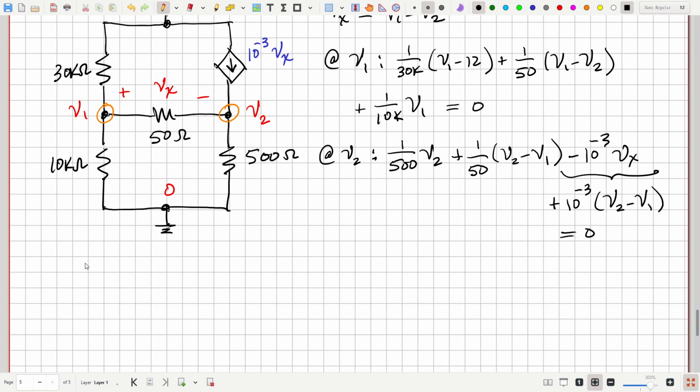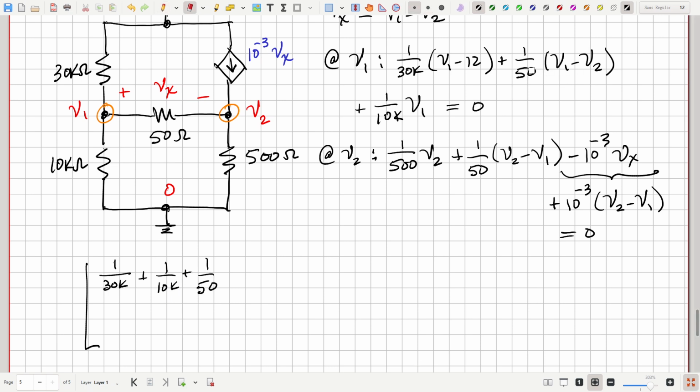Okay, so let's put them in matrix format. For the first equation, all the V1 terms, let's see, we got 1 over 30K, plus 1 over 10K, plus 1 over 50.